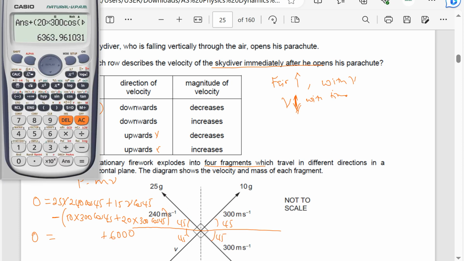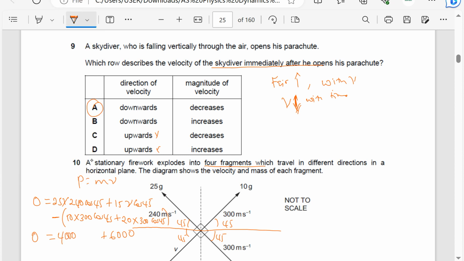Then we have 25 times 240 cos 45, which is 4,000. I'll just write 4,000. So this is 4,000 plus 15.